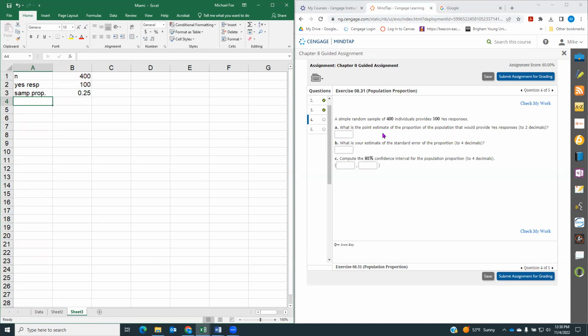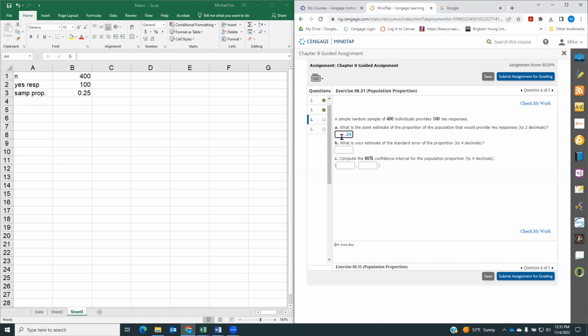So the point estimate of the proportion of the population that would say yes is going to be 0.25. So we're going to assume that if we asked a million people, or however big the population is, that it would still be 0.25. But we know that's not exactly right.